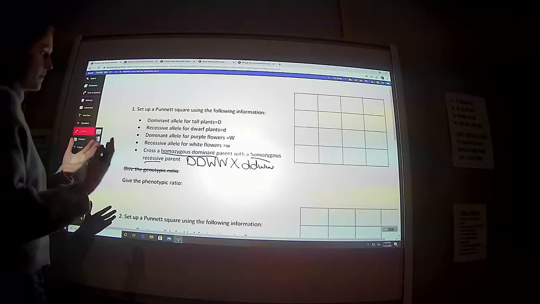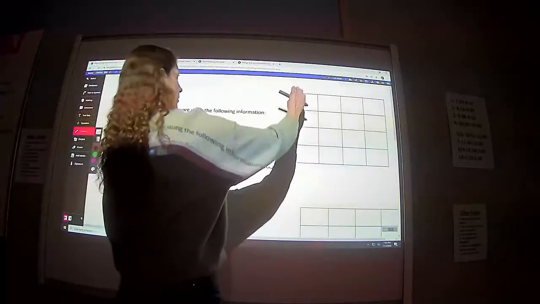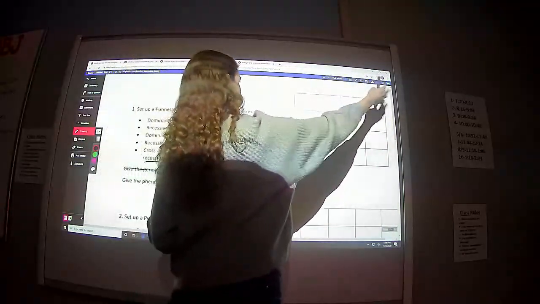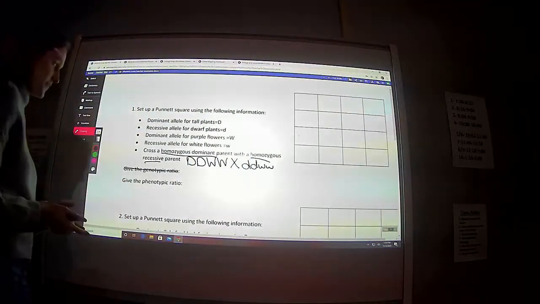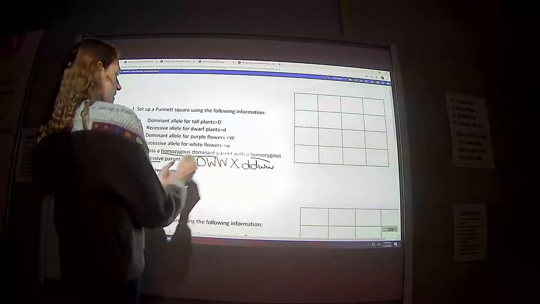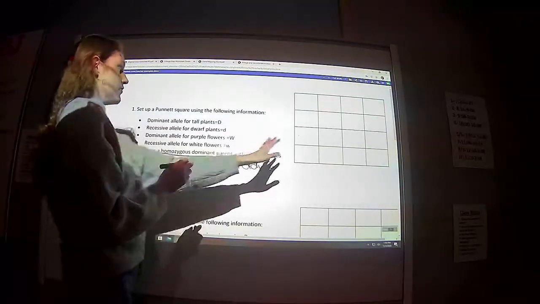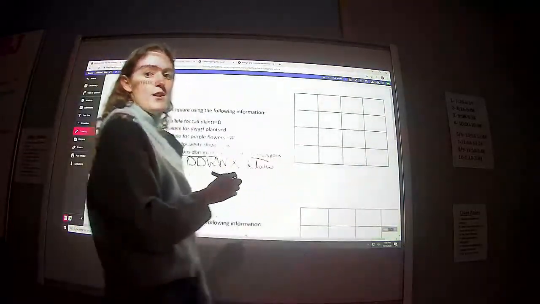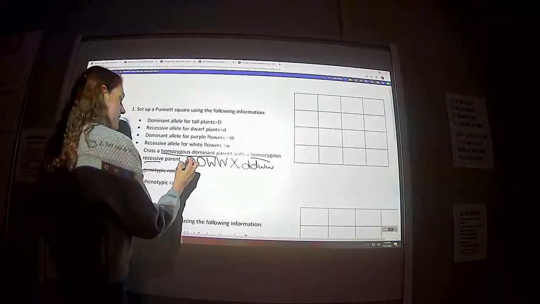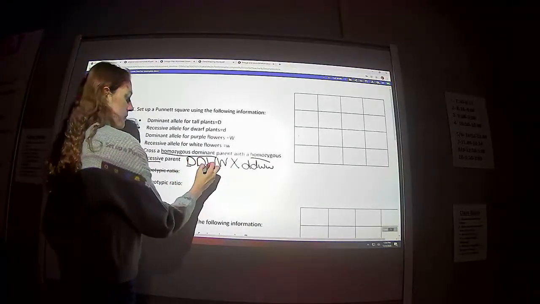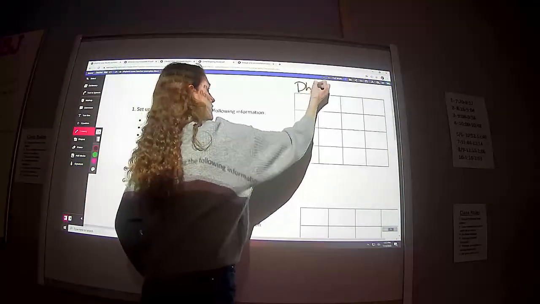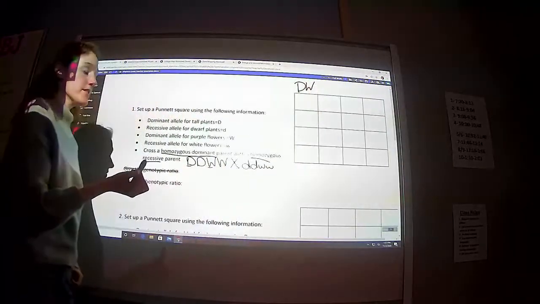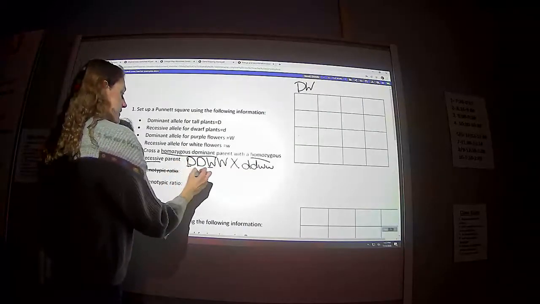Now, you're probably thinking, okay, put a letter here, and each column will get 1 letter. And that's not actually how it works. You have to look within the parent, and you're going to have 2 letters per column. So you're going to start off taking 1 D, and you're going to mix it with 1 of the W's. In this case, this cross is going to be pretty straightforward, because all the letters are the same. So then this D, it's like factoring.